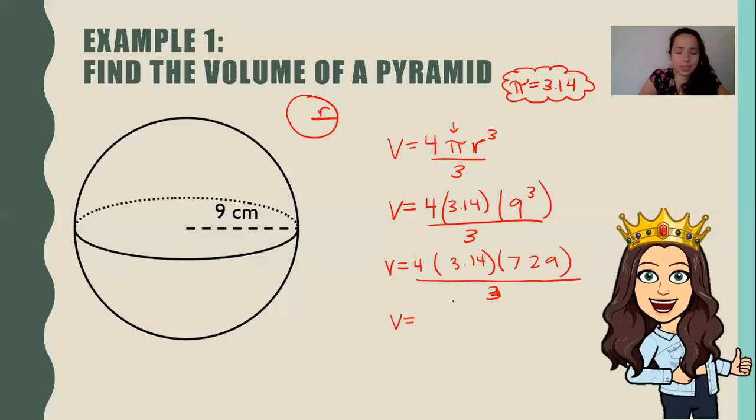So I'm going to go ahead and type that into my calculator. 4 times 3.14 times 729, divided by 3. And I get this. And because it is volume, the units would be cubed.